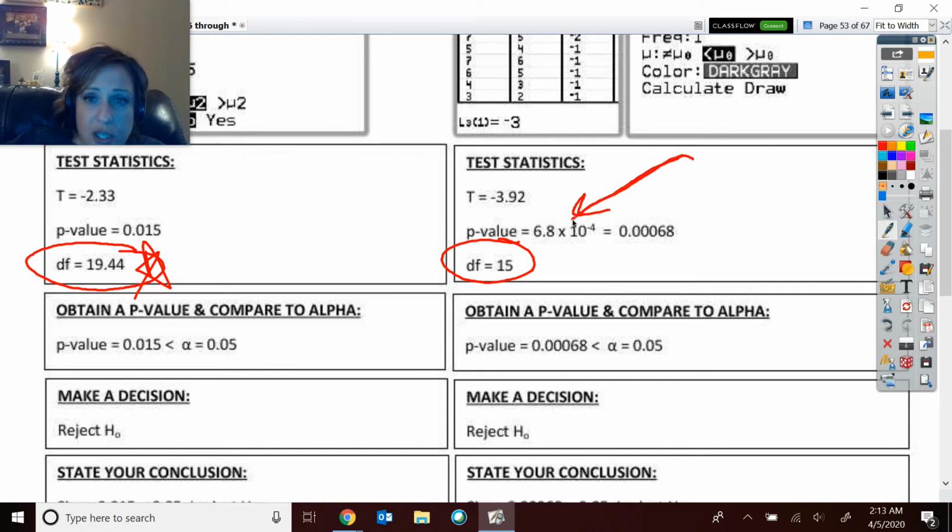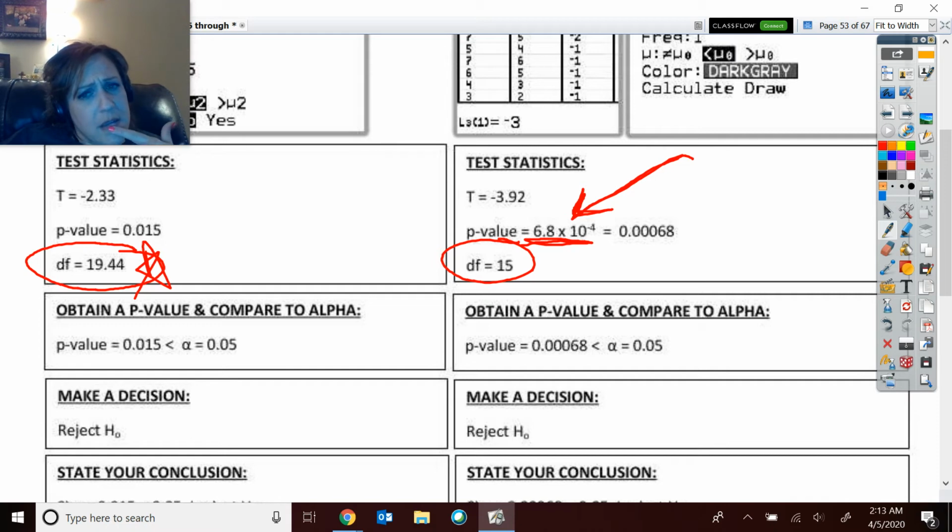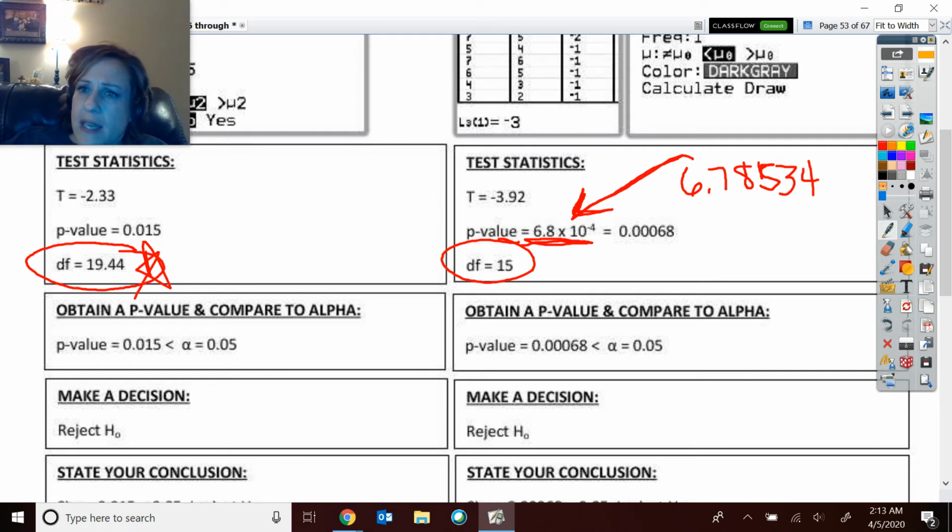But again, I wanted to show you this right here. This p-value came out like that. The way it looked in the calculator was something like a 6.78 number, and then it had a little e, -4.